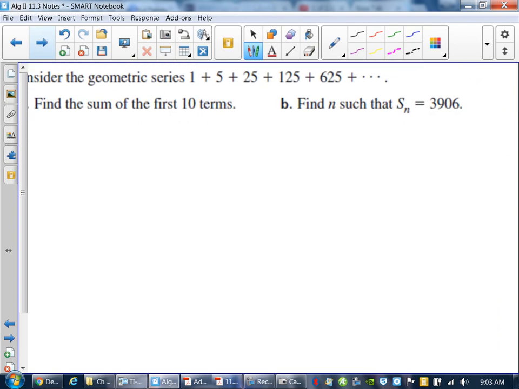Geometric series: 1, 5, 25, 125, 625, and so on. Let's find the sum of the first 10 terms. Doing the exact same thing, we have a first term of 1, a common rate of 5.